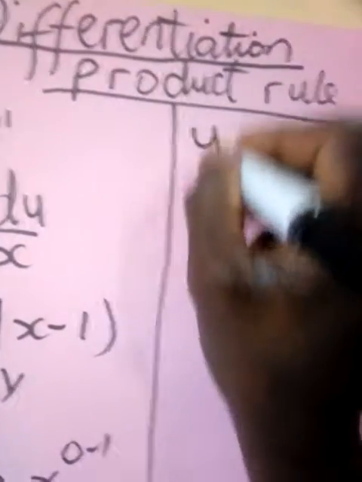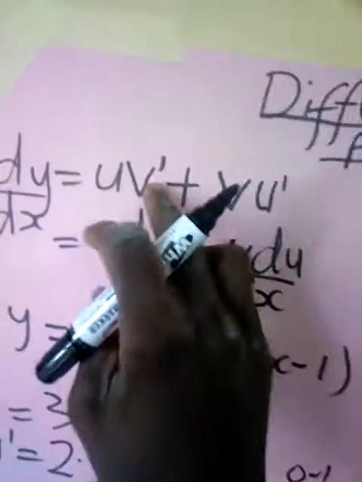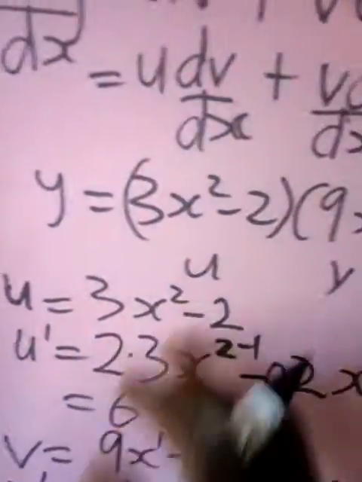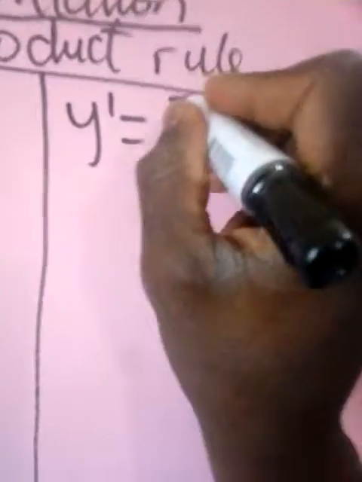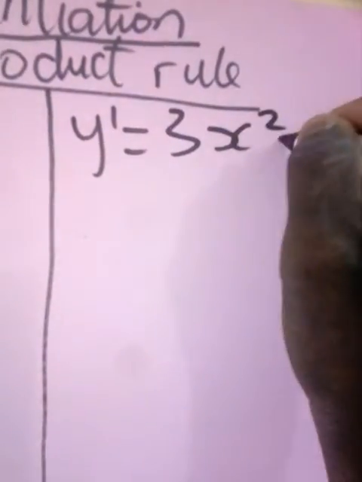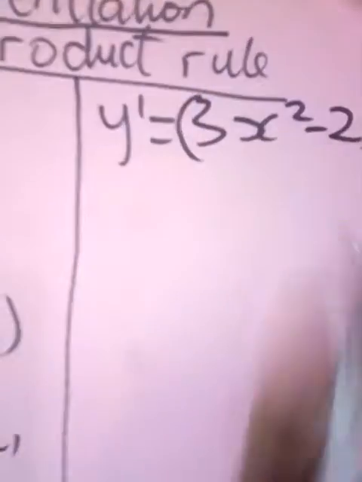So moving on, if I plug this into the equation, then my y prime, that's my dy/dx, would give me u multiplied by v prime. What is my u? 3x squared minus 2, multiplied by the derivative of v, that's v prime, that's 9.